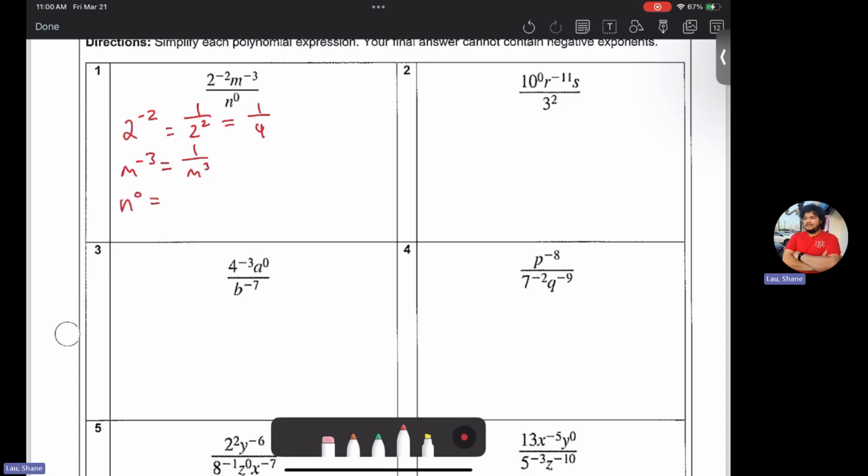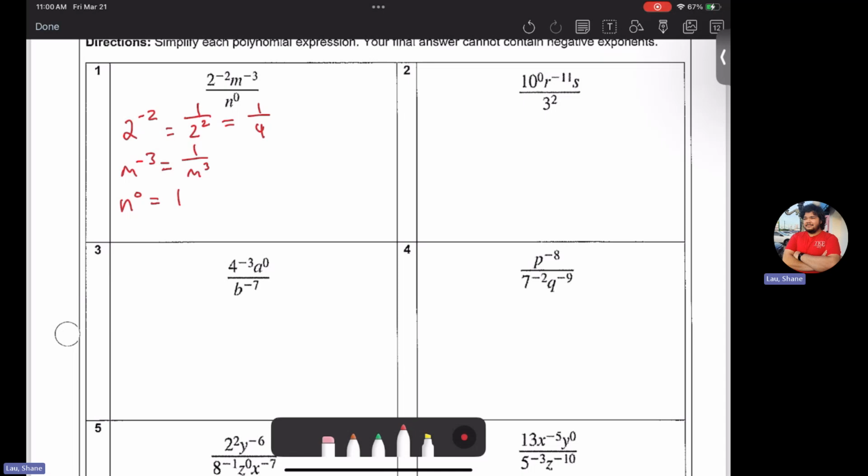However, if I have n to the 0, that of course is going to just be 1. Anything to the 0th power is just going to equal 1. There is no real math here, just know that anything to the power of 0 is 1. But having my answer split up like this is not the correct way to have this done.